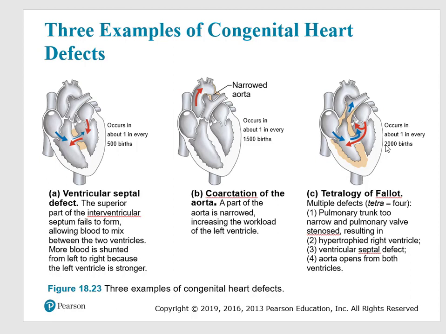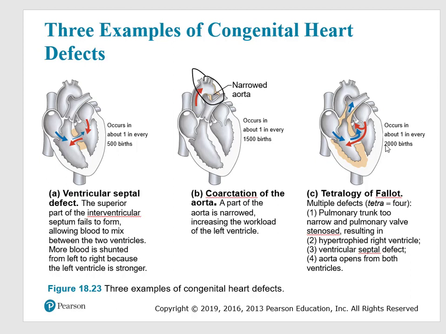And then the next one is coarctation of the aorta. You'll notice right over here, there's a narrowing of the aorta. Now this is going to increase the afterload. When we were talking about stroke volume and the factors that affect it, we said afterload increases in hypertension, right?